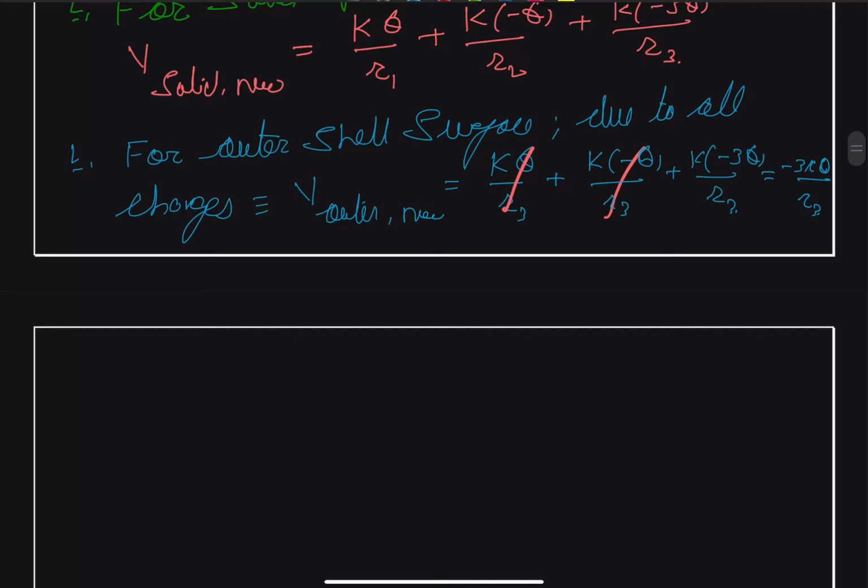Now we can find out the potential difference. So we can say V nu is equal to V solid nu minus V outer nu.